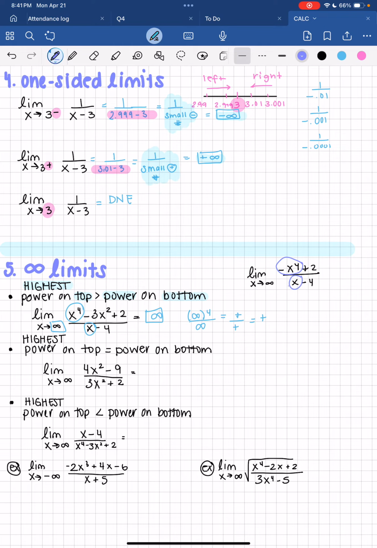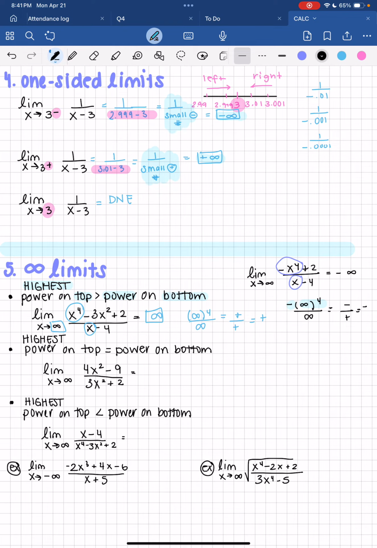If you want a concrete way to do it, take x and replace it with infinity in the highest powers. Negative infinity to the fourth: infinity to the fourth is a positive number times a negative is negative. The bottom is positive. A negative divided by a positive is negative, which is why this goes to negative infinity. You really only need to reason this out when the power is higher on top.